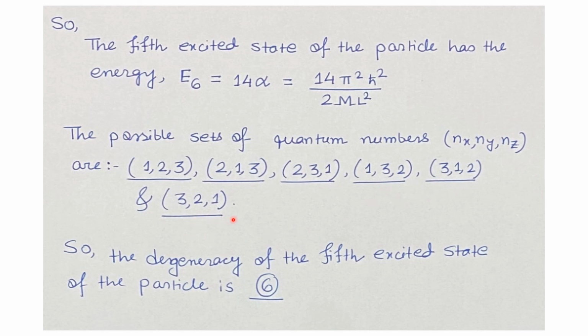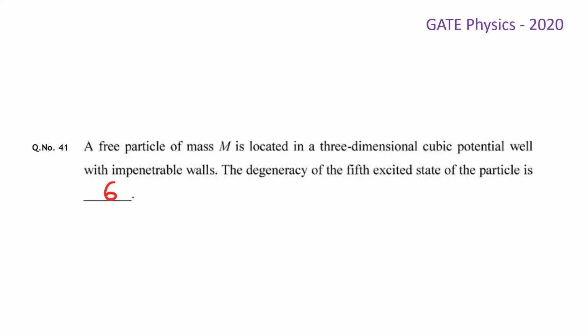So there are 6 possible sets, and the degeneracy of the fifth excited state of the particle is 6. We have discussed the solution for this question thoroughly, and we found that the degeneracy of the fifth excited state of the particle in this cubic potential well is 6.